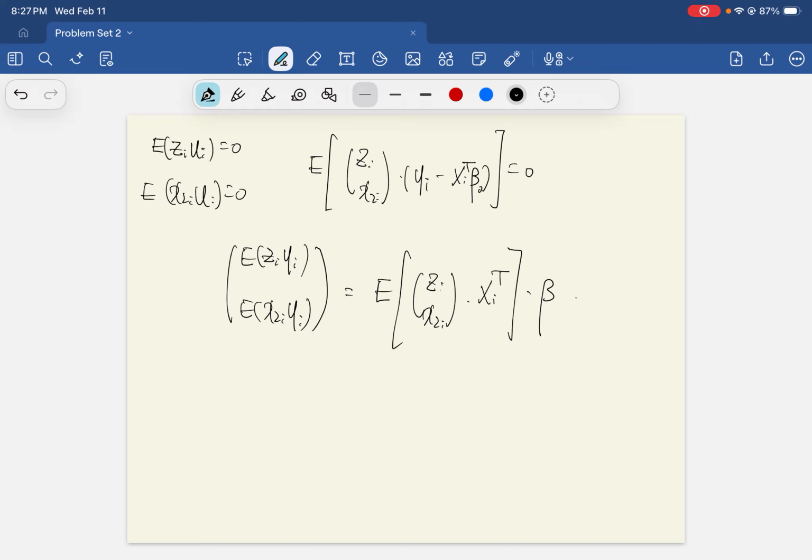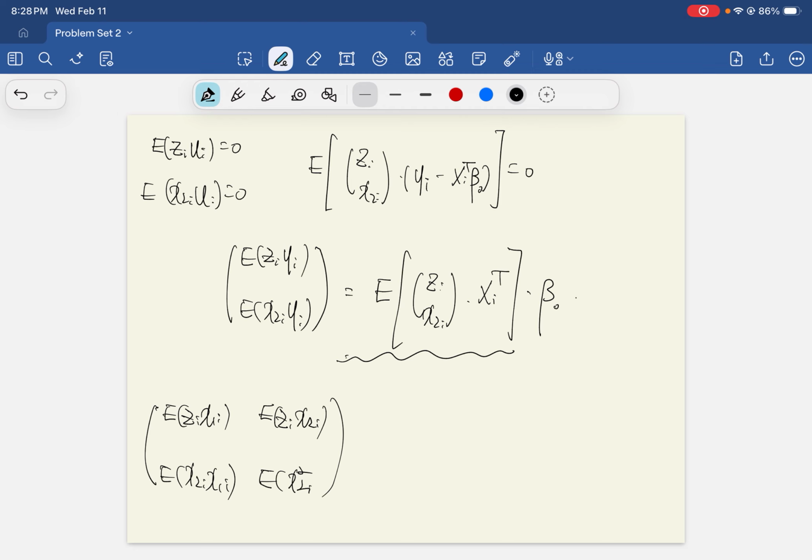So if this 2 by 2 matrix is invertible, then beta is identified. The 2 by 2 matrix is: expectation z x1i, expectation z x2i, expectation x2i x1i, expectation x2i squared.